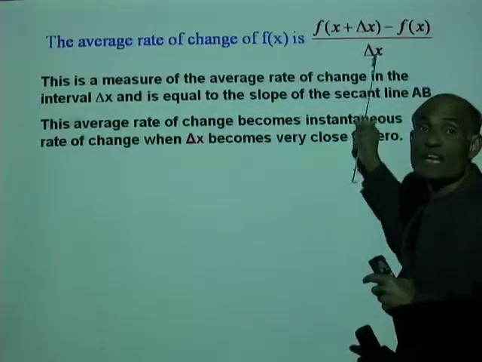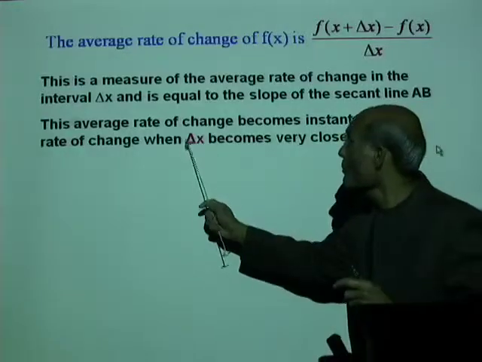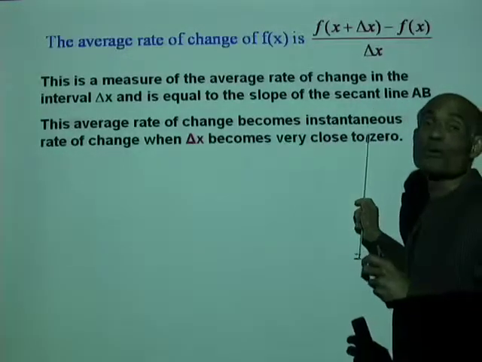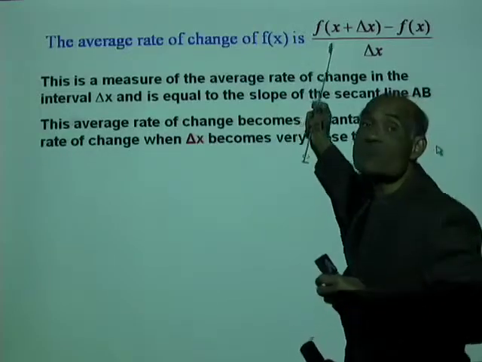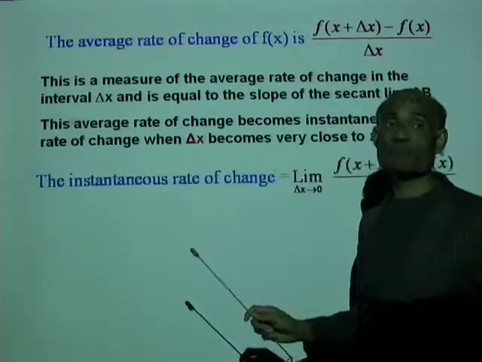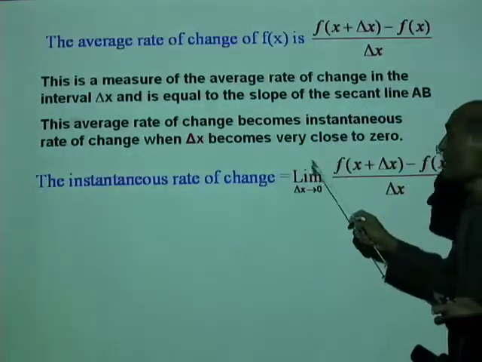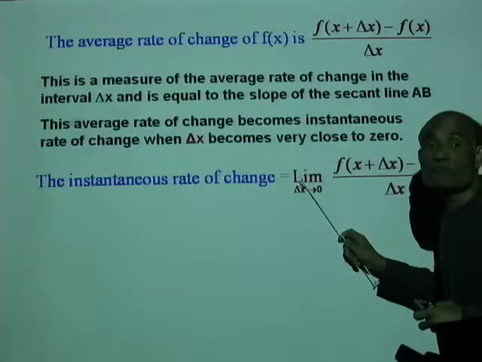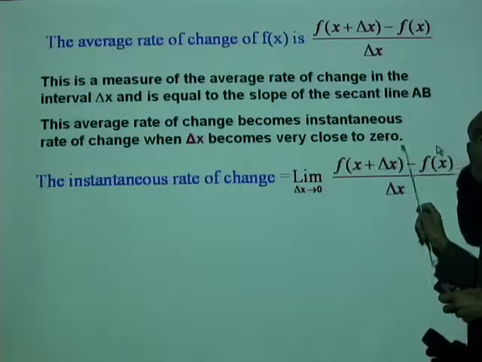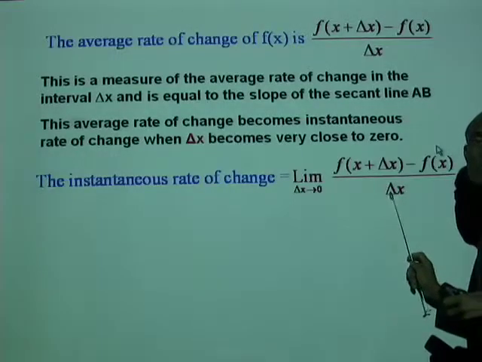When we make that interval very small, close to zero, when delta x becomes very, very close to zero. In other words, the limiting value of this ratio. And therefore, we say instantaneous rate of change is the limiting value when delta x approaches zero, the change in the function value divided by the change in the input.